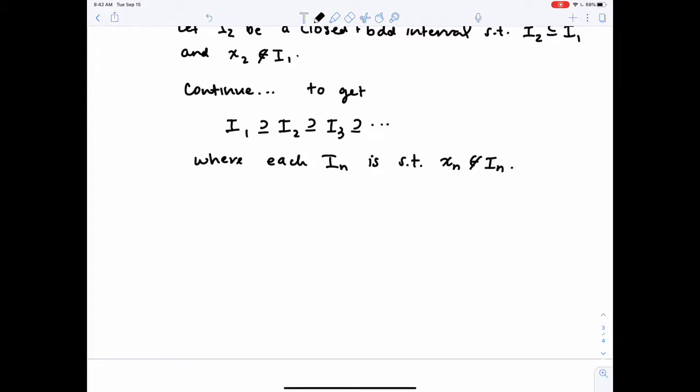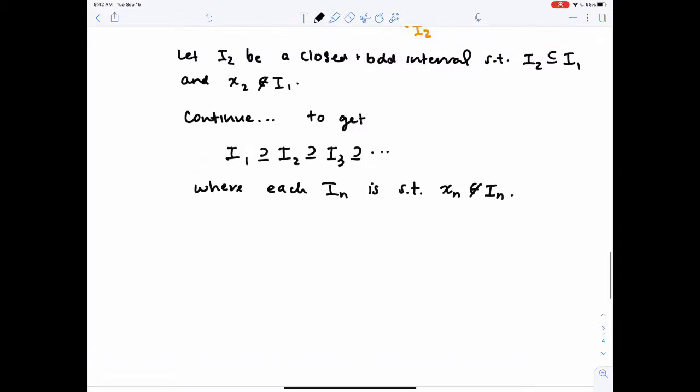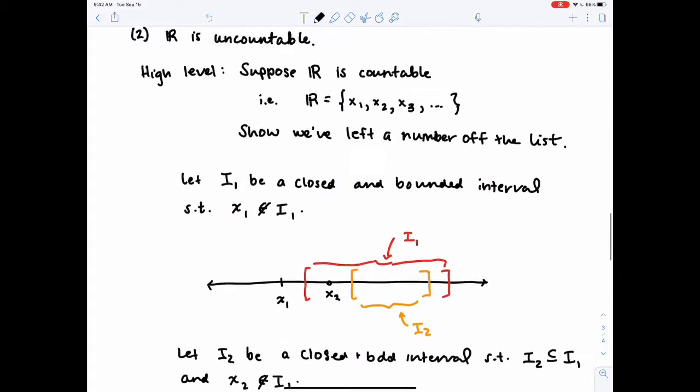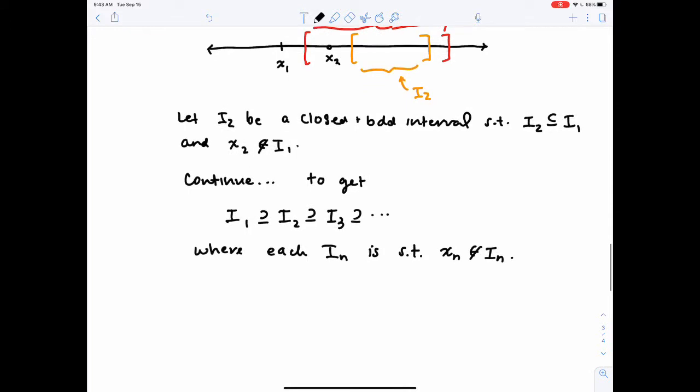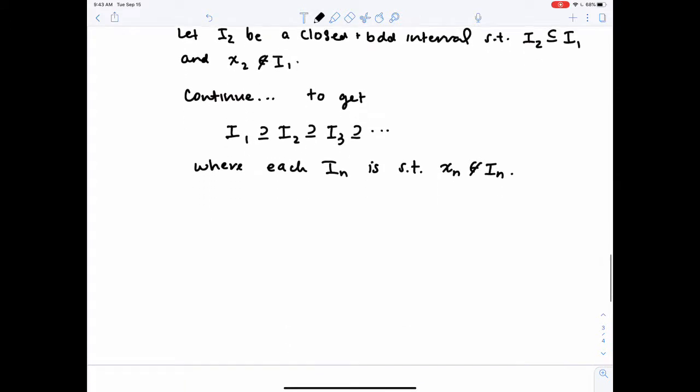So in doing this, what we've managed to do, if we come back up to our enumeration, we have guaranteed that each of the numbers we've claimed represent all the numbers in our enumeration of the reals is actually going to be left out of at least one of these nested intervals.